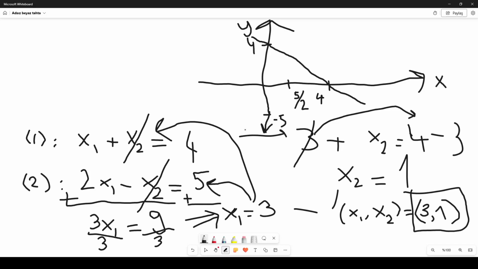And now we can draw the line. Here's the line, this line for the second equation, and this line is for the first equation.